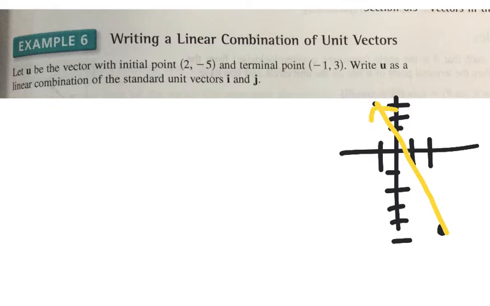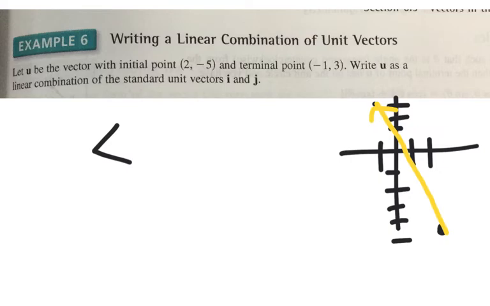I want its initial point to be the origin, because it's a lot easier to work with from there. So let's write this in standard form first. You remember doing that yesterday? We take the initial x, which was 2, and subtract the final x, which is -1. Then we take our initial y, which is -5, and subtract the final y, which is 3.